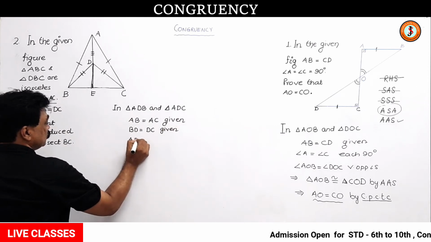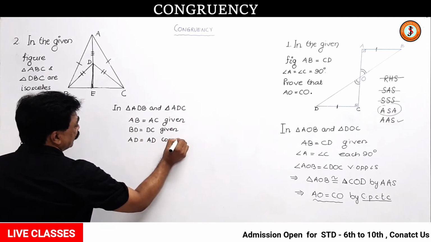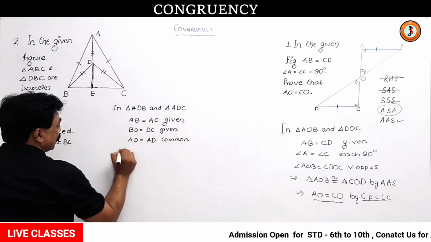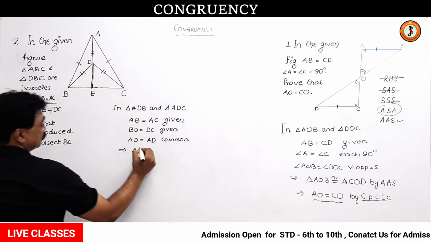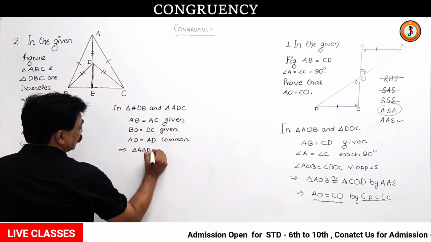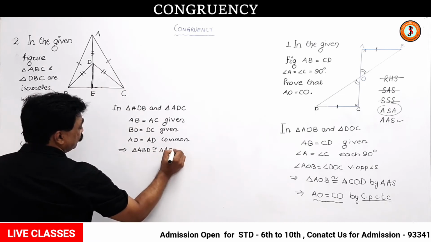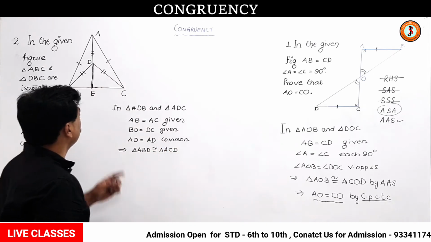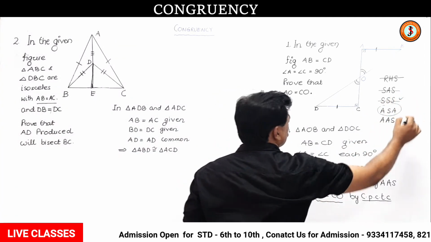Side AD is equal to AD, that is the common side. Which implies that triangle ABD is congruent to triangle ACD. By which criteria? All three sides are equal, so we will take SSS.